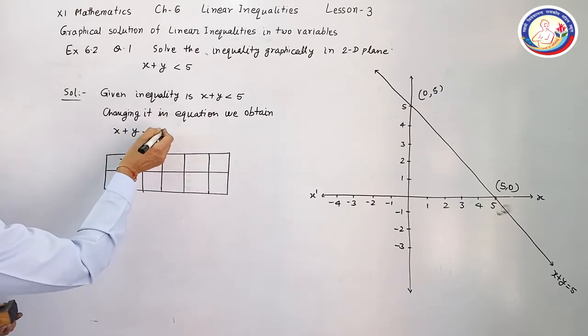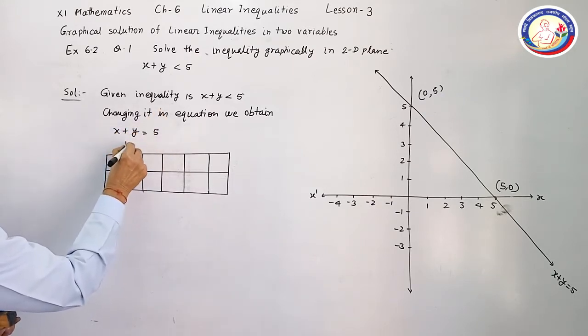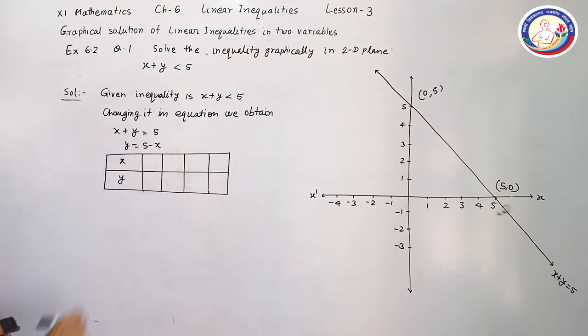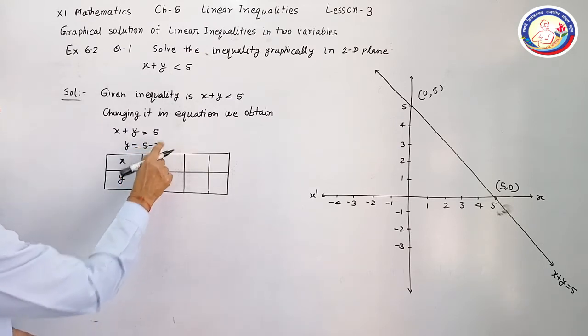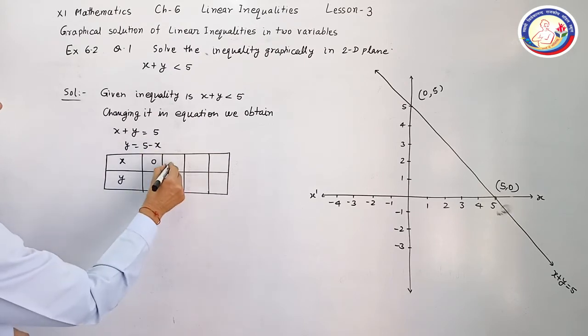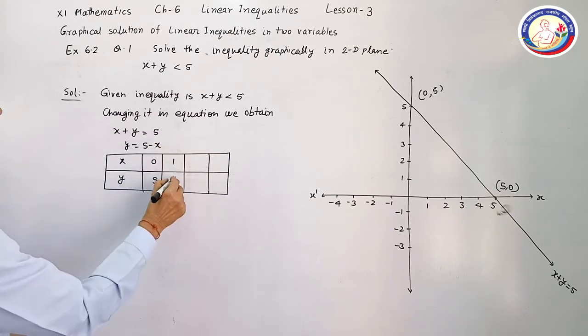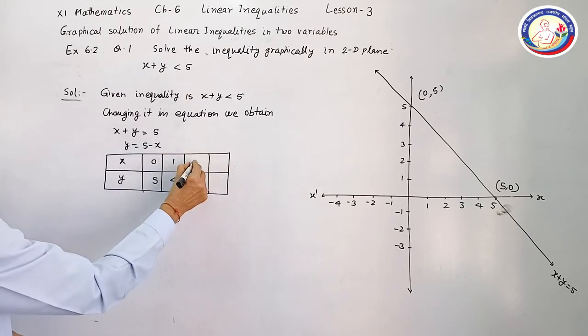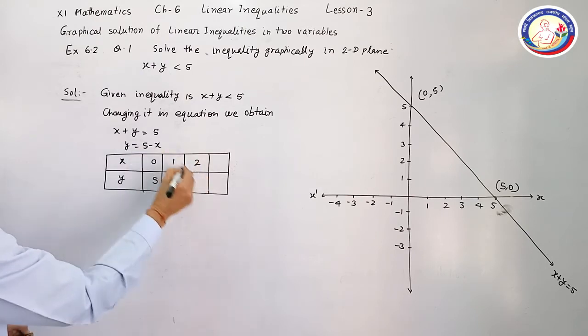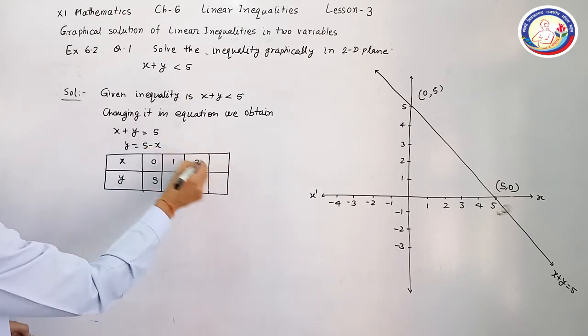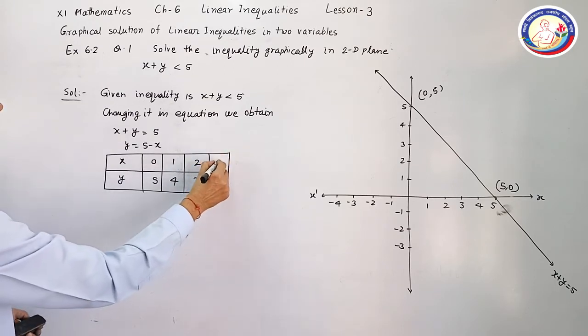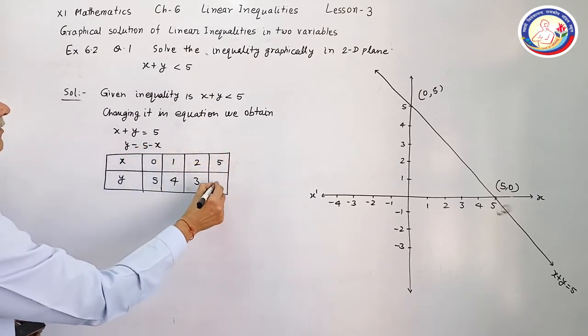Here x is equal to 5 minus y or y is equal to 5 minus x. Put here x equal to 0. This will be 5 minus 0, that is 5. Put x equal to 1, 5 minus 1 is 4. Put x equal to 2, this will be 3. Put 4 or 5 here, you will get 1 or 0.